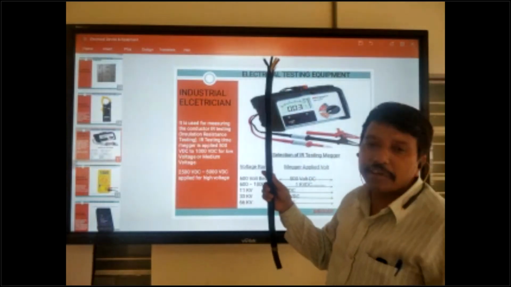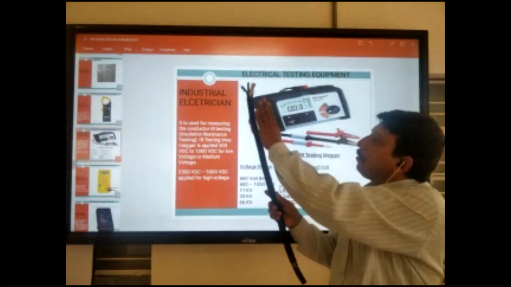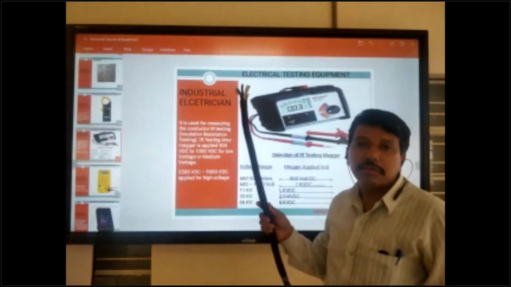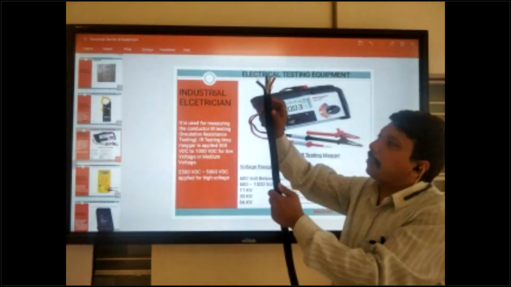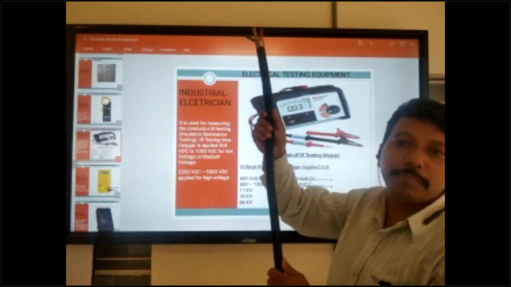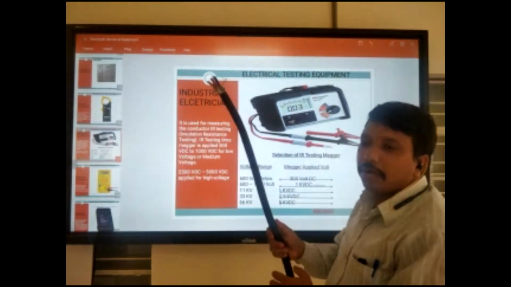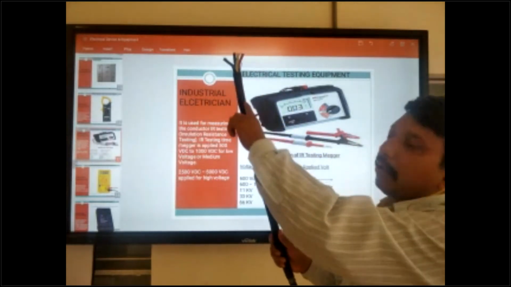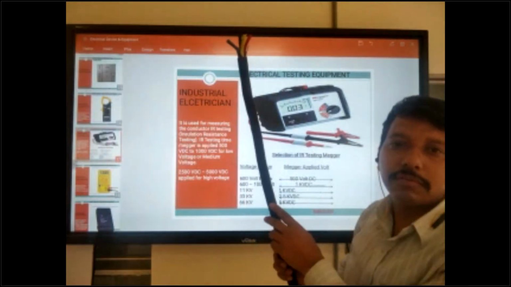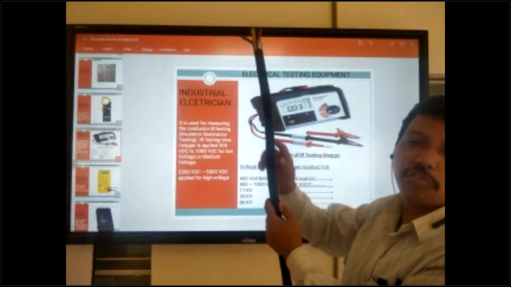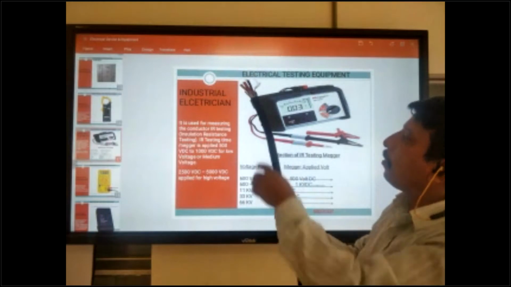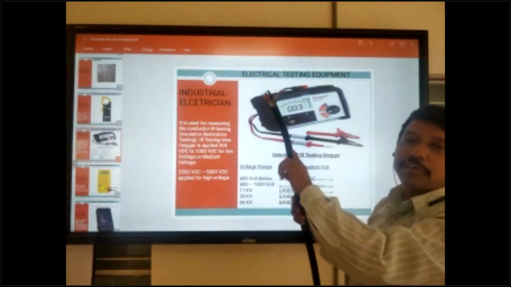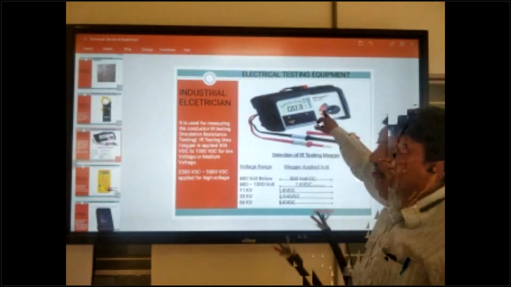How much voltage is it able to take with the conductor inside? Insulation keeps the conductor in a safe condition. So in an industrial building, we should be checking cable insulation also, and for insulation checking we use the megger.